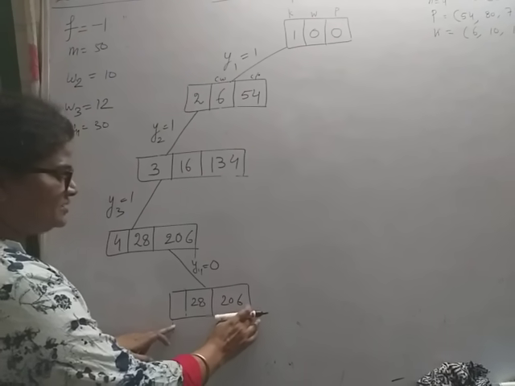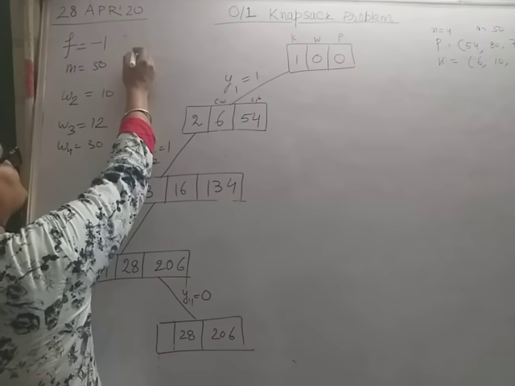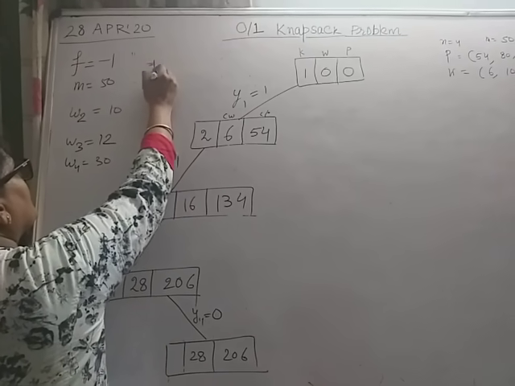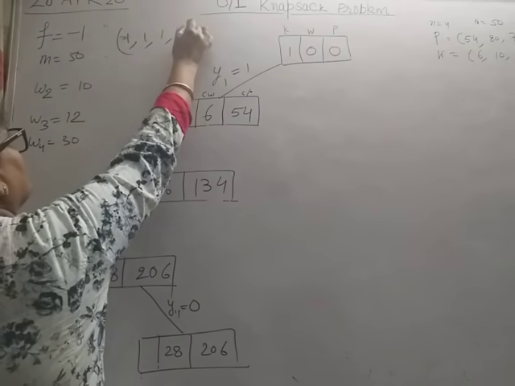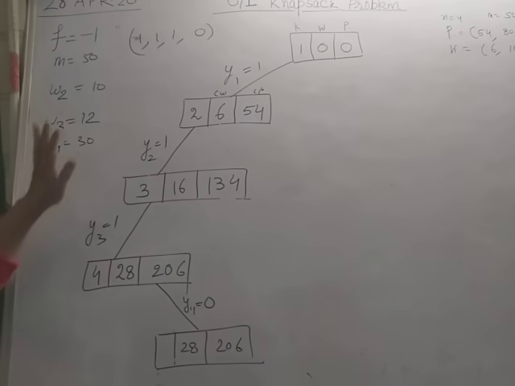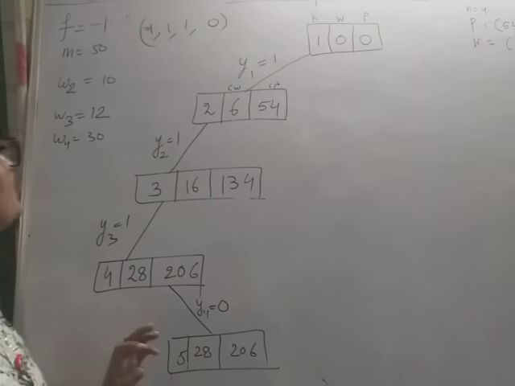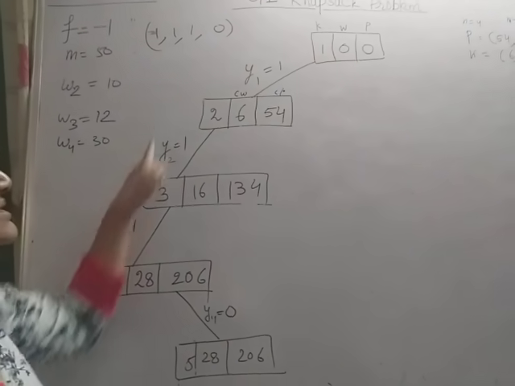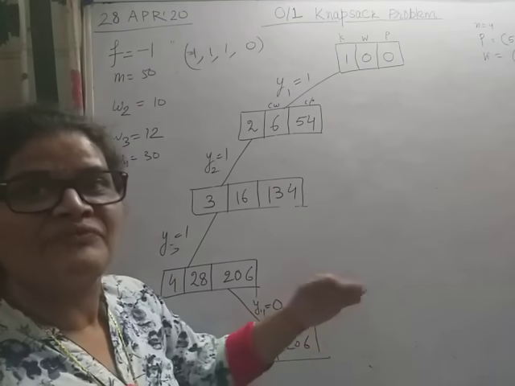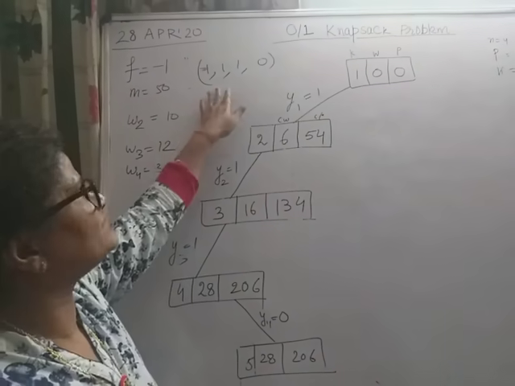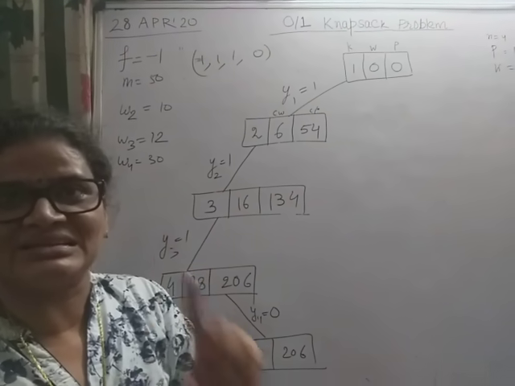So one solution is generated. The first solution vector is 1, 1, 1 and 0. Okay, and its current weight is 28, and the profit is 206. So here all yi's will be written into the xi's. This is so far one solution vector generated.